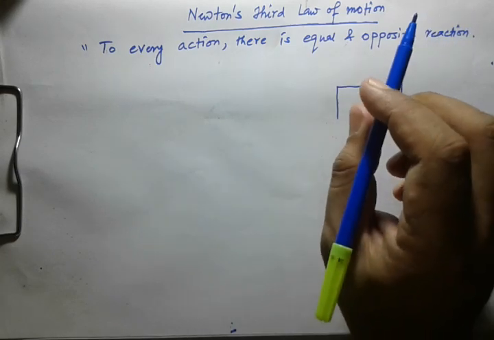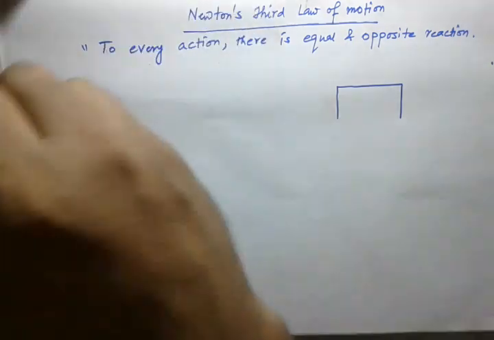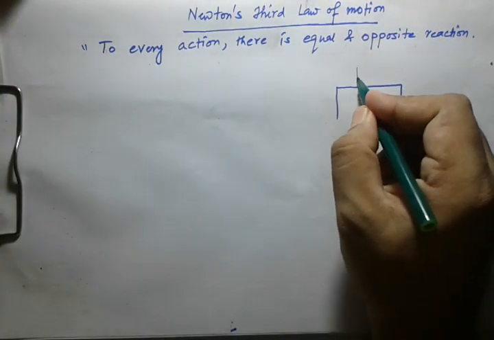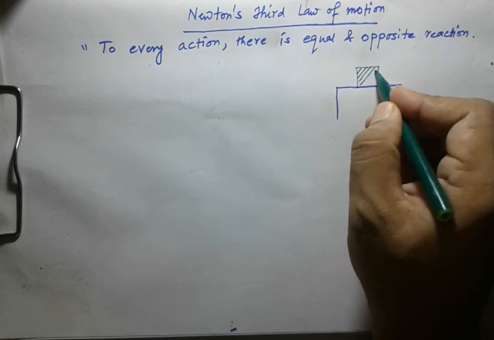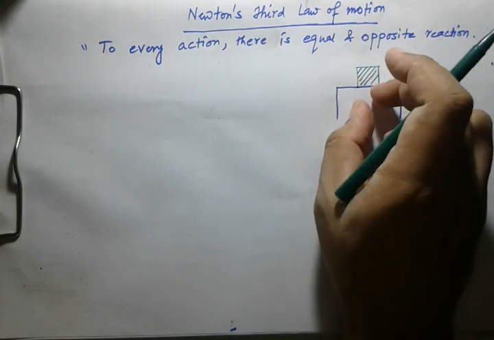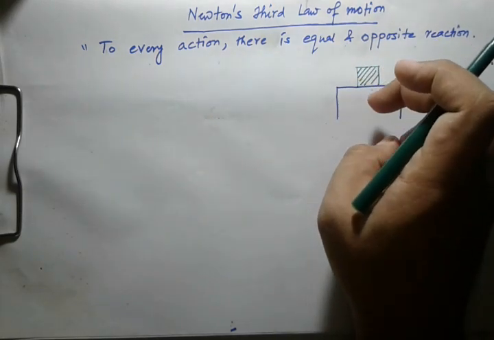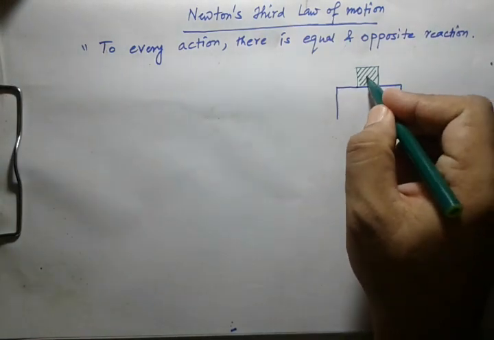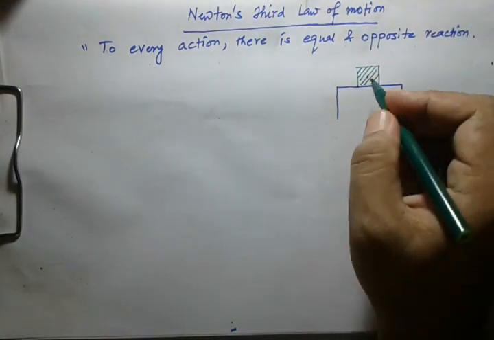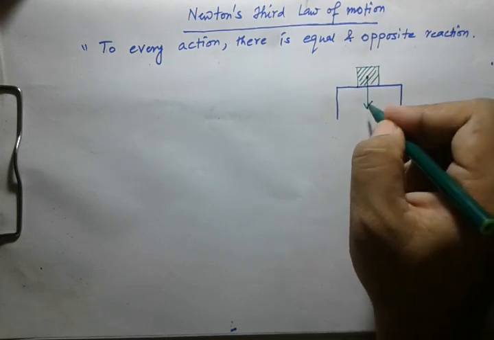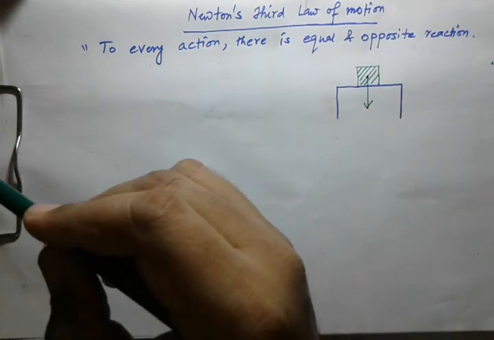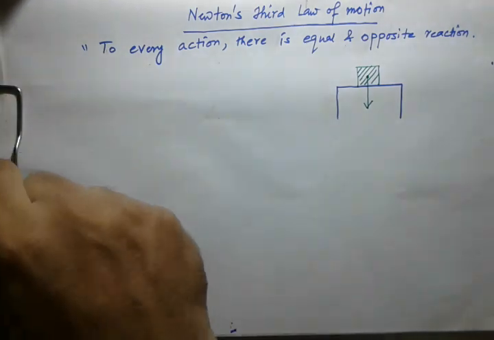Now if I keep some other object on this object, what will happen? This object will compress the atoms and molecules of this surface. So when I keep this green color object on the top, it will apply force on this blue color object.